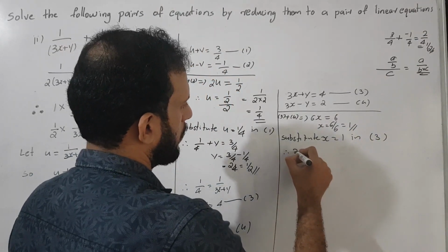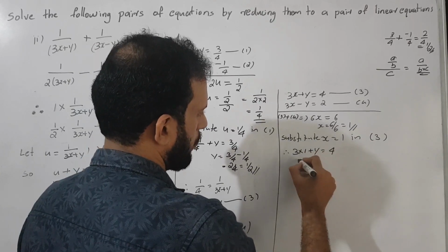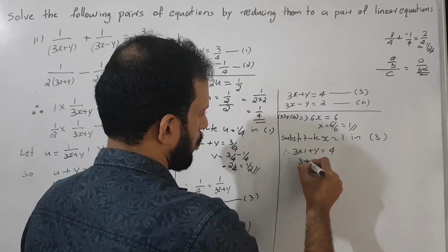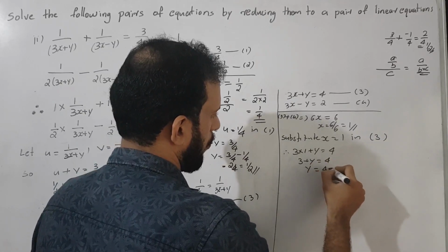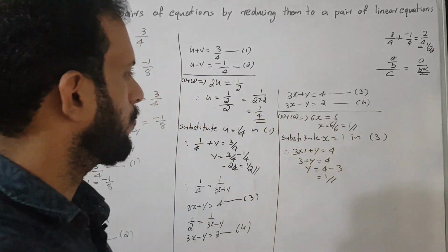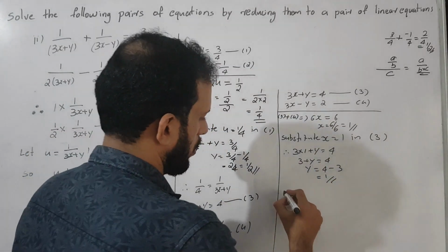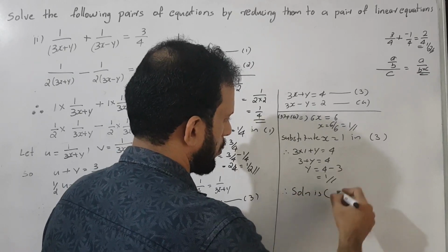Therefore 3 into 1 plus y is equal to 4. 3 plus y is equal to 4. y is equal to 4 minus 3. What is 4 minus 3? That's also 1. Correct?